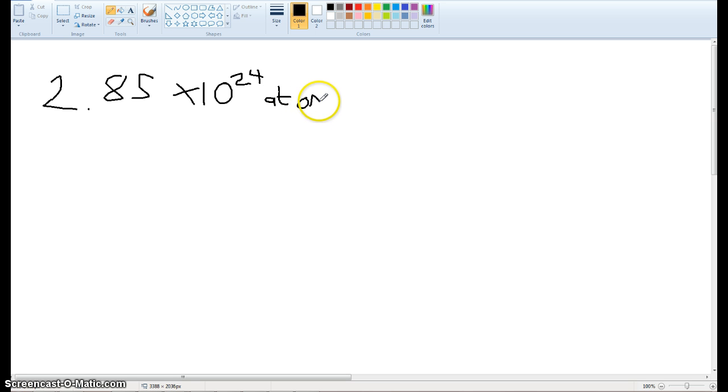But we don't want atoms. We're going to want mass eventually, but not all atoms are created equal. Some atoms are more heavy than others, so we're going to need to use a fraction to take it from atoms and put it into moles, right? So we want atoms to cancel out, so we need atoms down here on the bottom.